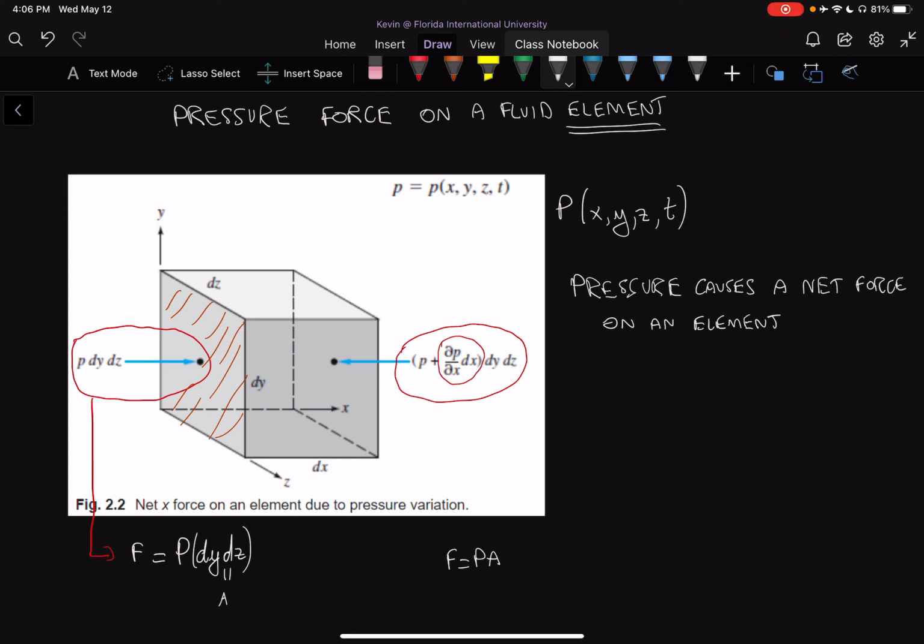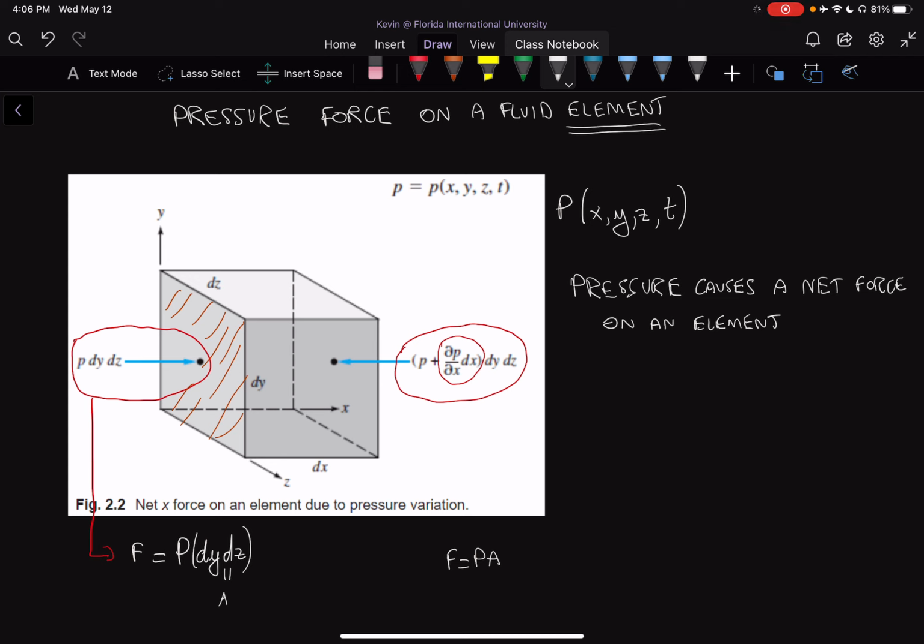Now looking at the other side of the element, we are faced with a slightly different pressure because pressure is a function of x, y, z, and t. The pressure on the other side could be equivalent to P, but it could be something else.